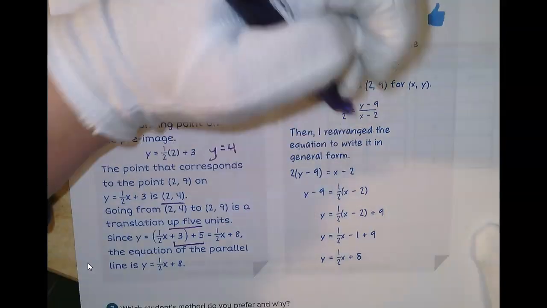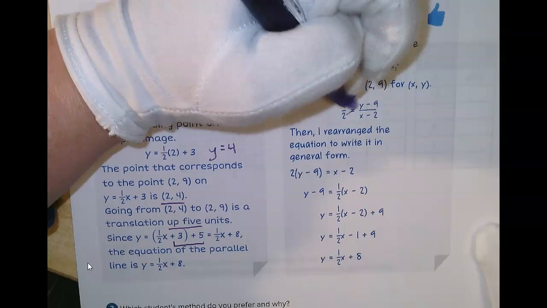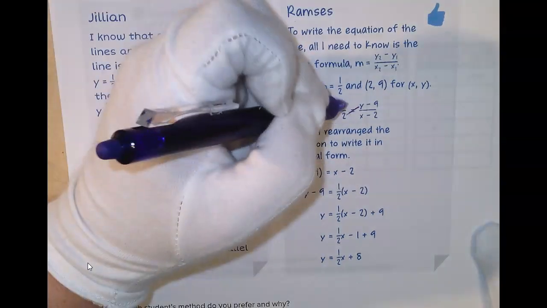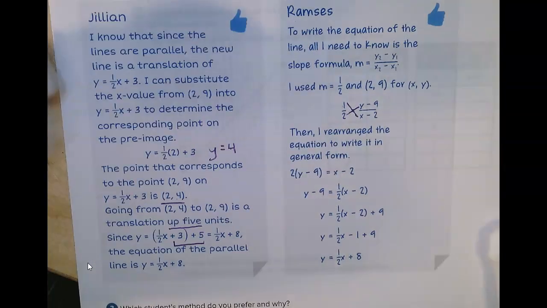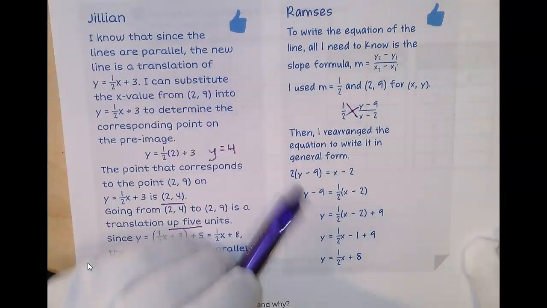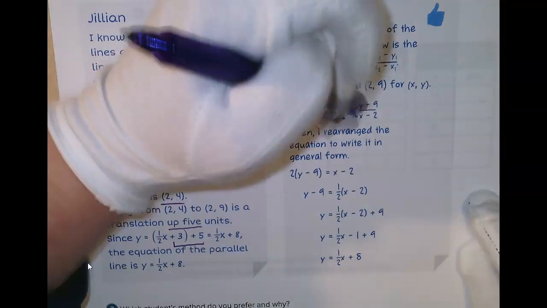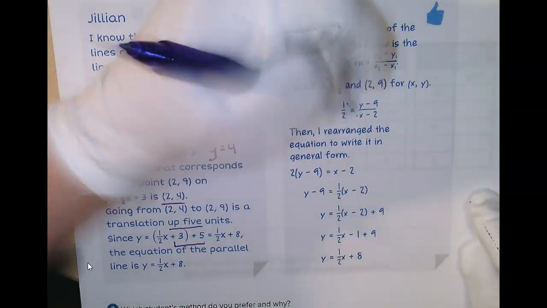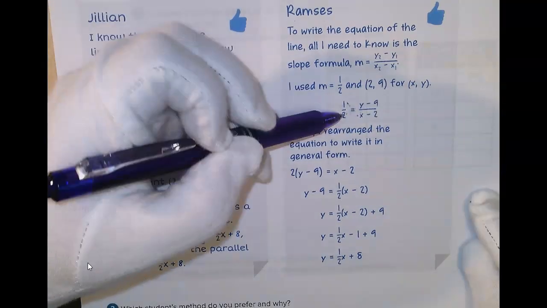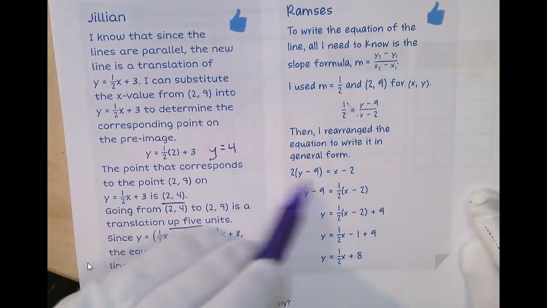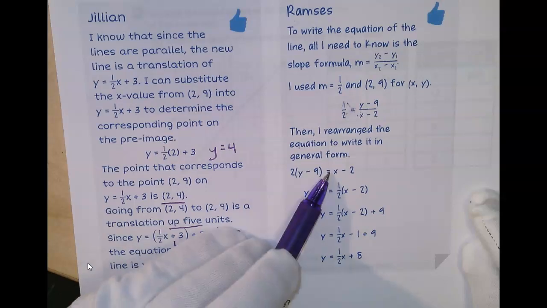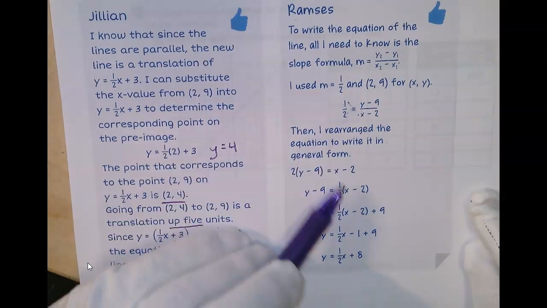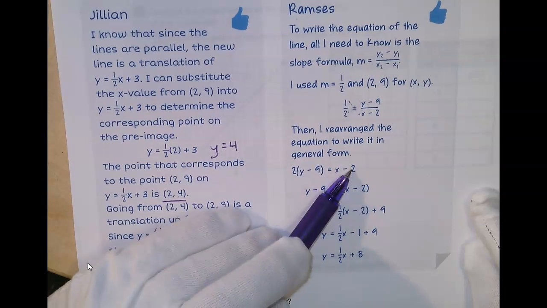So he takes 2 times y minus 9, and he takes 1 times x minus 2, and then sets up an equation. So let me get rid of this. So 2 times y minus 9 right here equals 1 times this. So 1 times this stays the same.